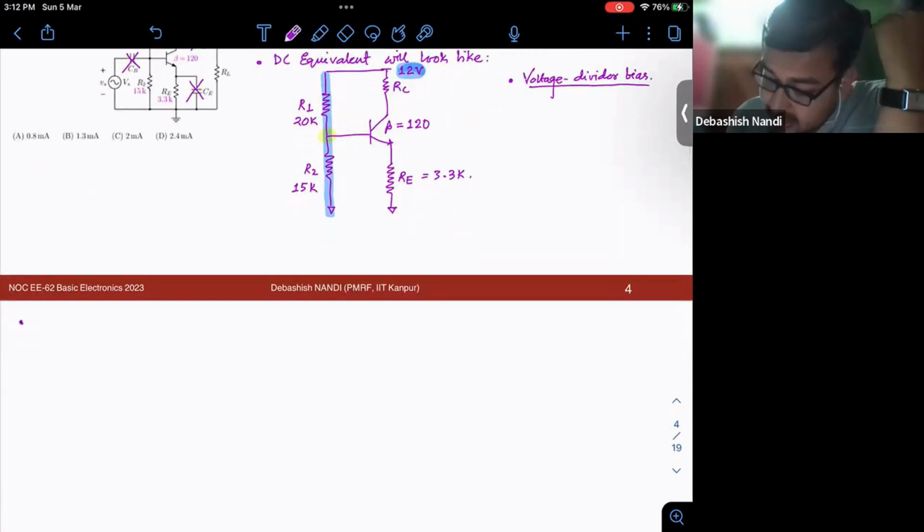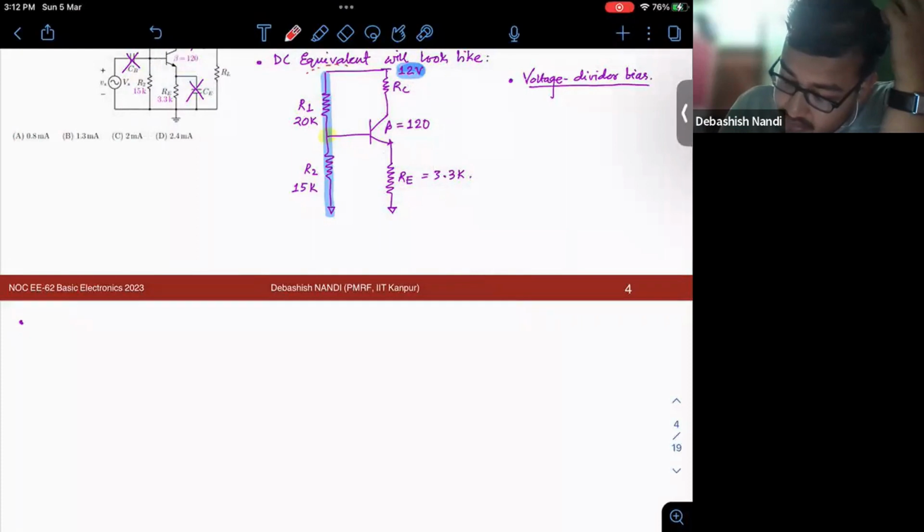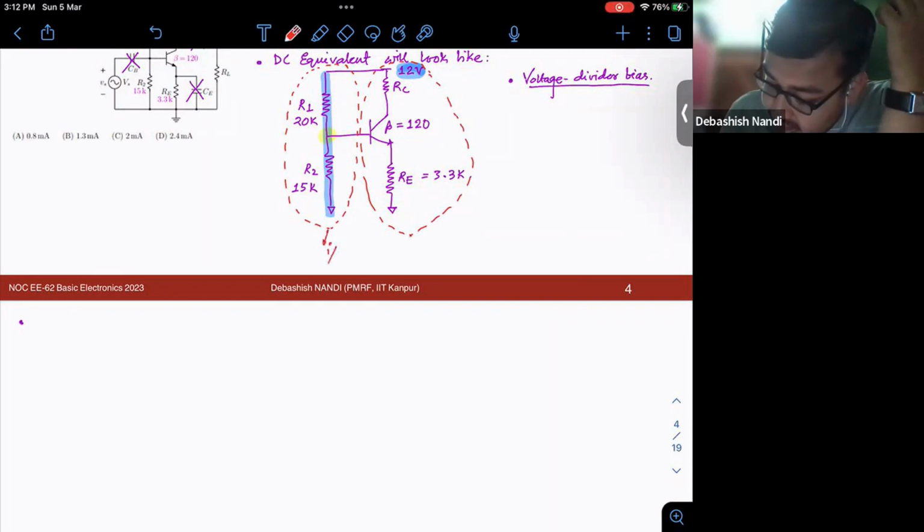The way to analyze this circuit is to consider this portion of your network as an input side and this portion as the output side. This you consider as input side, this you consider as output side. What do I mean by that?